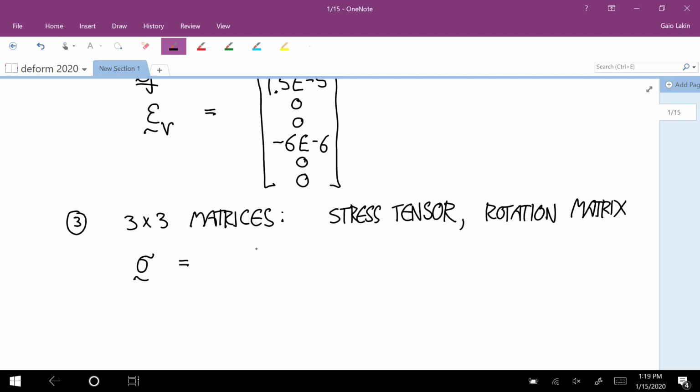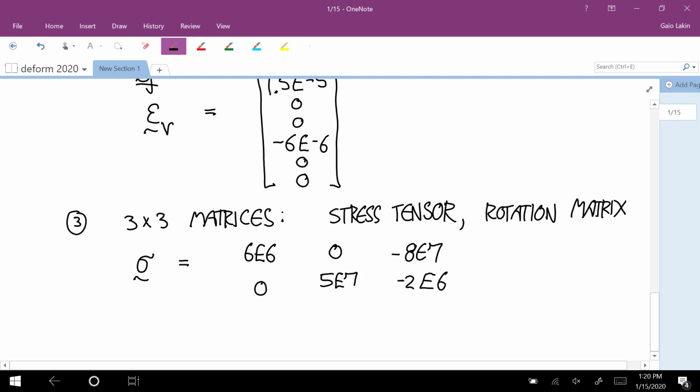And so these values would be like 6 times 10 to the 6, 0, negative 8 times 10 to the 7, 0, 5 times 10 to the 7, negative 2 times 10 to the 6, negative 8 times 10 to the 7, negative 2 times 10 to the 6, and negative 5 times 10 to the 7.